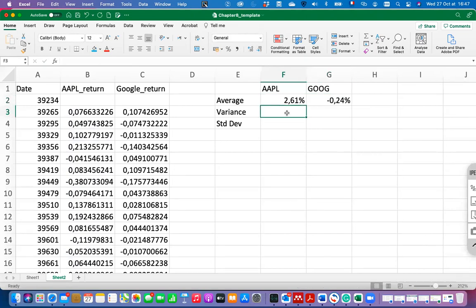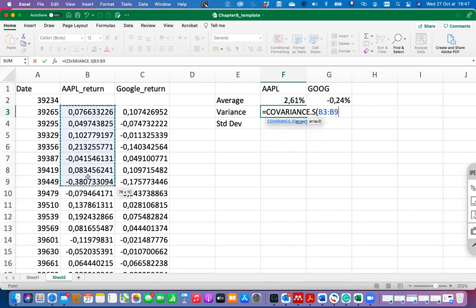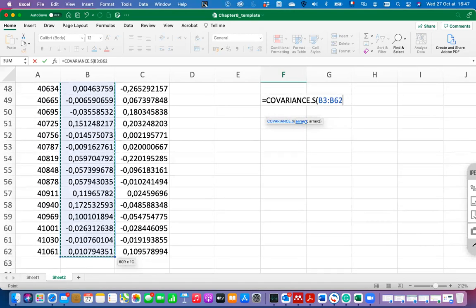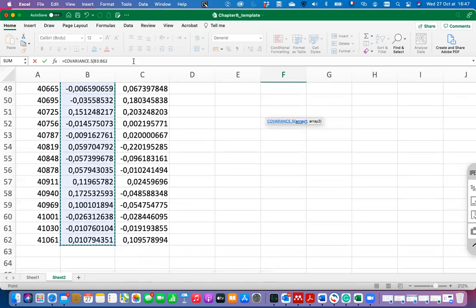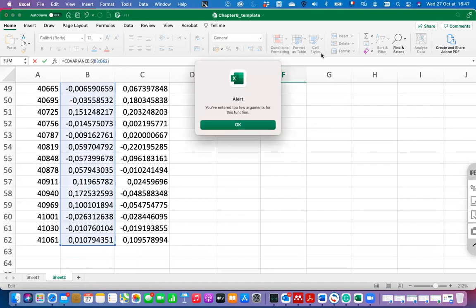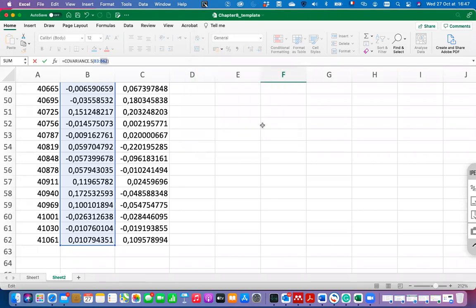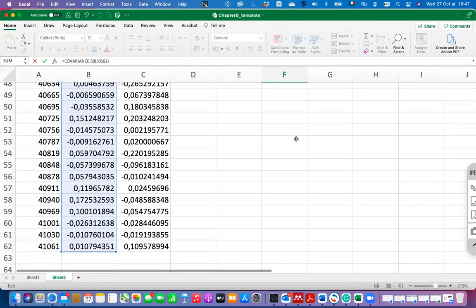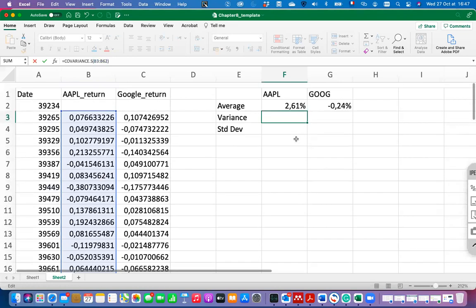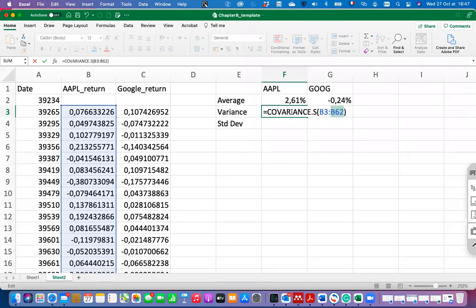Now the variance. Let's start with the sample. Sorry, not covariance, variance.